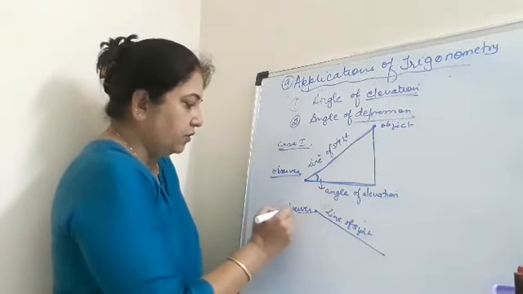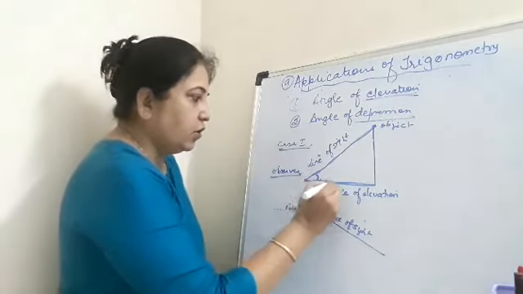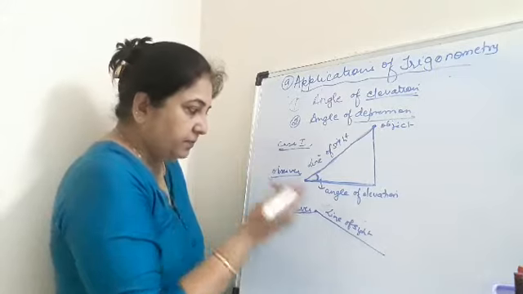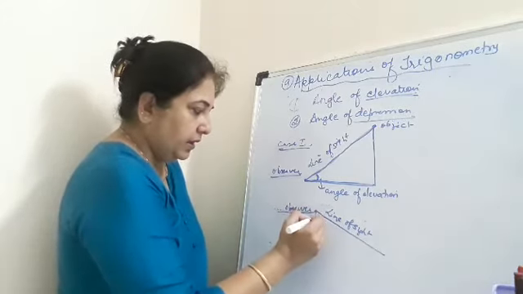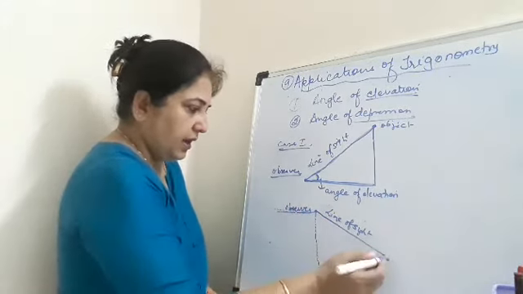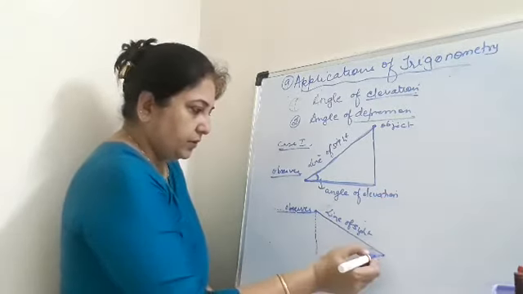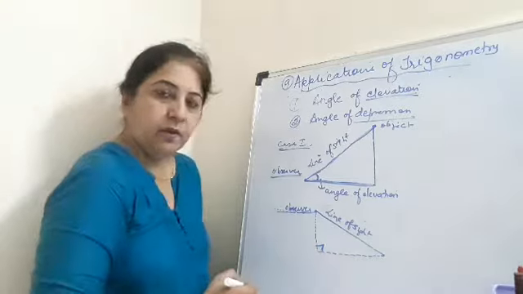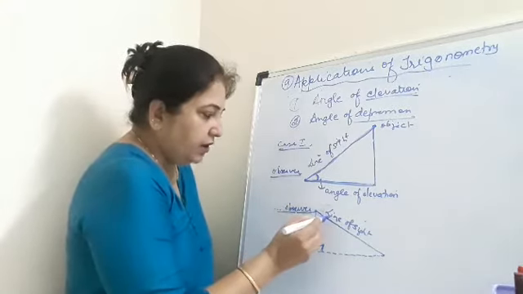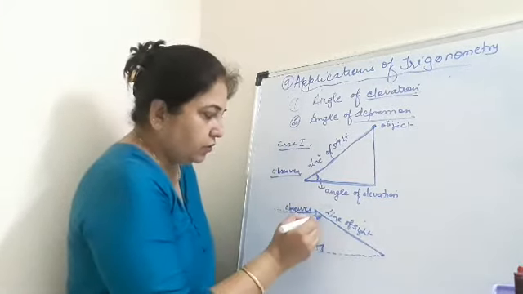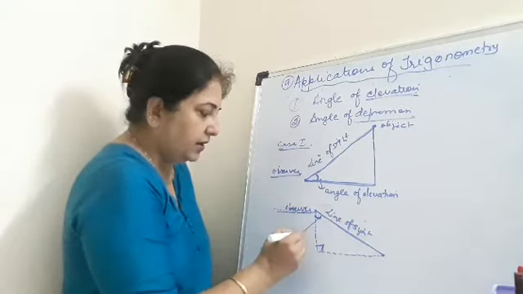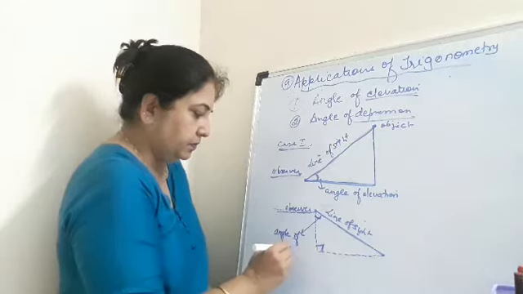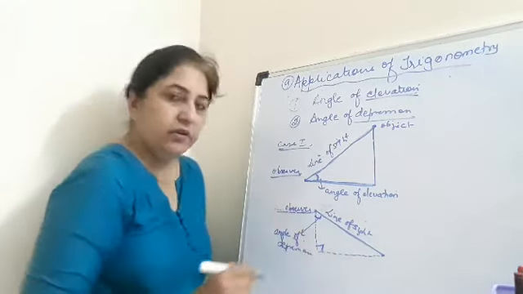Here it was a horizontal level, and this is also another level. Now how will we complete this diagram? By joining this to this point. Okay, this is a 90-degree angle. Now the line of sight is going down, so this angle formed will be what angle? The angle of depression. Yes, this will be the angle of depression.